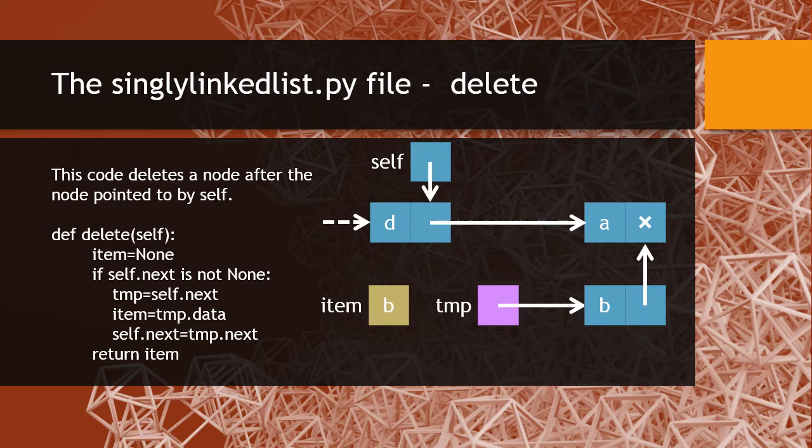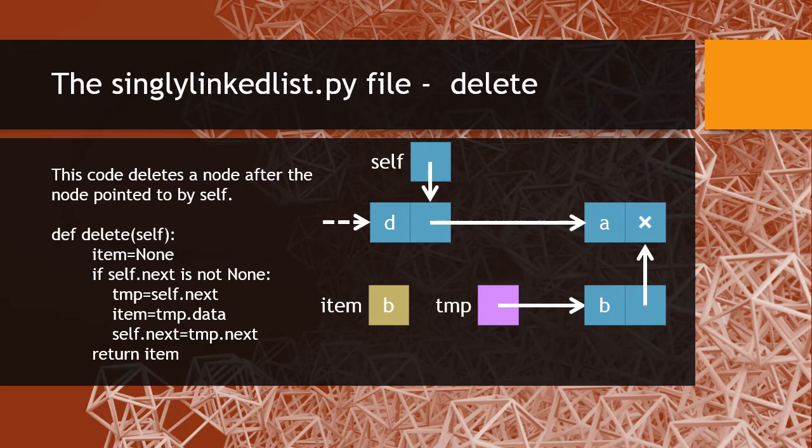Yes, I can say that. So we have effectively deleted the node containing B because no node in the singly linked list points to it anymore. And when the function falls out of scope, both tmp and the node containing B will fall out of scope.